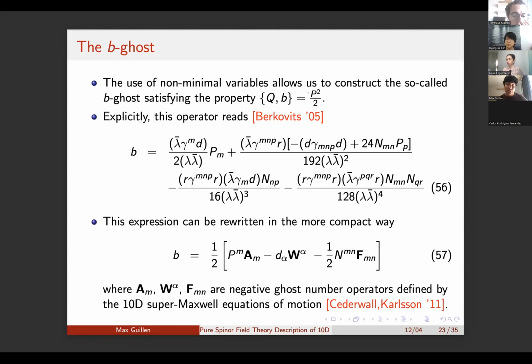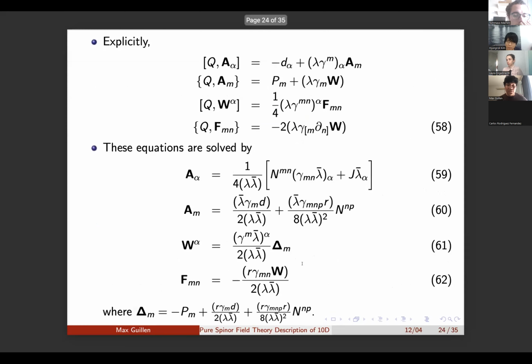So Q and B, the anticommutator of Q and B, is proportional to P squared. This was constructed by Berkovits in 2005. So this big B is basically a very complicated function in terms of non-minimal variables, but it can be written in a very compact way by using the so-called physical operators introduced by Cederwall and Karlsson in 2011, like in equation 57. Okay, these physical operators satisfy this bunch of equations here.